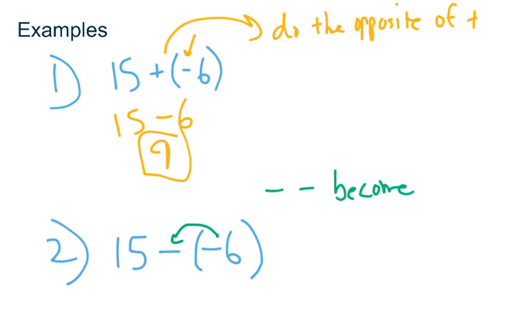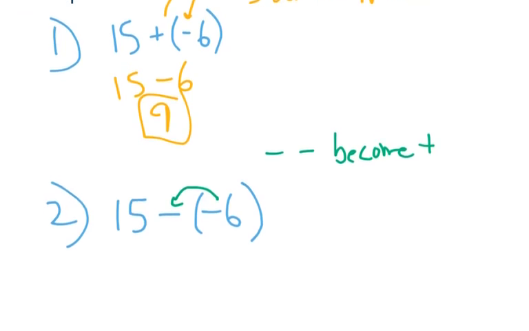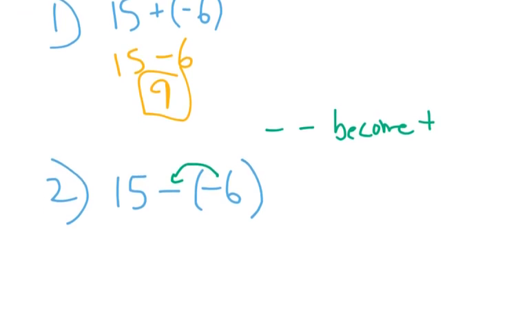And that's because instead of subtracting negative 6, we're going to do the opposite, which is adding positive 6. And so what we end up getting is 15 plus 6, which is 21.